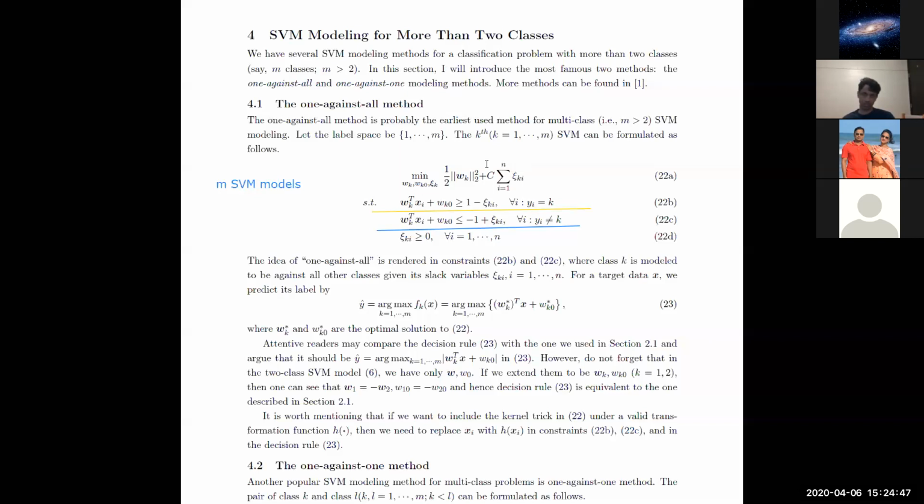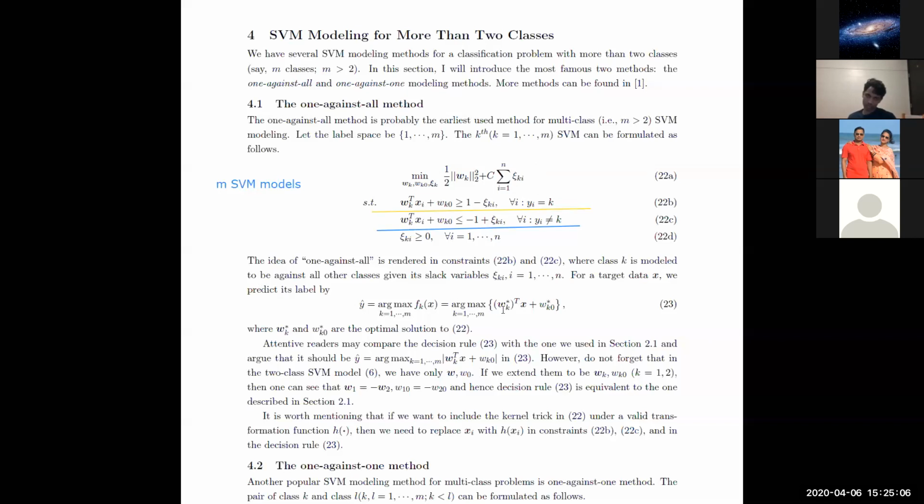And then, after solving all of this, how would you predict the label of a target data, a new data X? For a new data X, we're gonna predict the label in this way. We are gonna calculate all the fK(X). The fK(X) is defined this way.